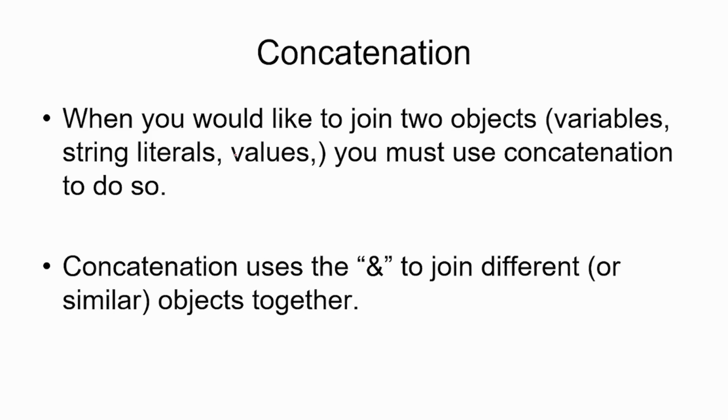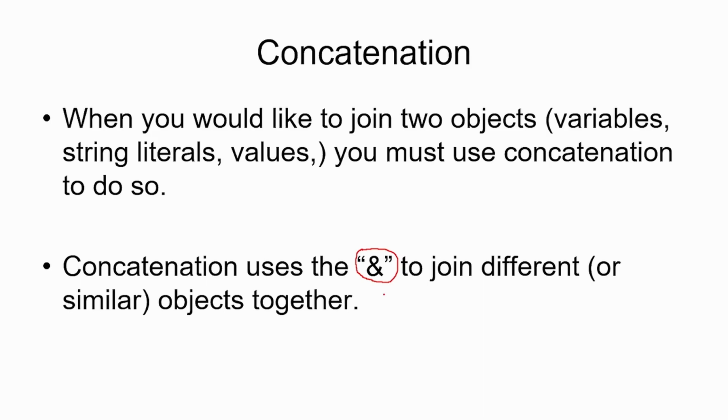If we want to join two objects together in another object, we have to use what's called concatenation. In order to do that, we use the AND symbol. So in Visual Basic, the AND symbol is our concatenation operator. It joins the two things on either side of it to each other.